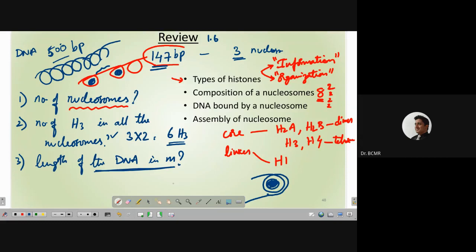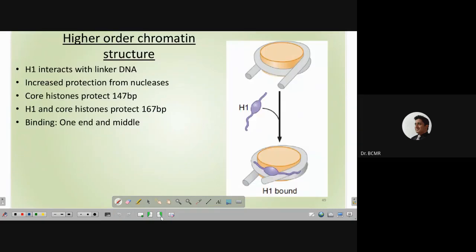So in today's class, we will see a little bit of higher organization. That is an important question that usually comes up in examinations. We haven't spoken about H1 and its function in general, but we will now. DNA winds around the histones, about 147 base pairs.